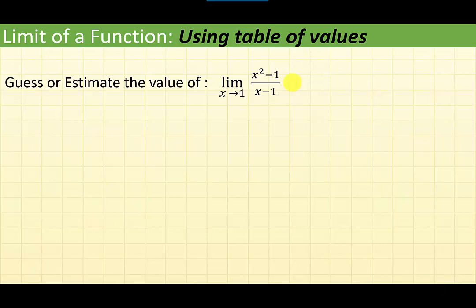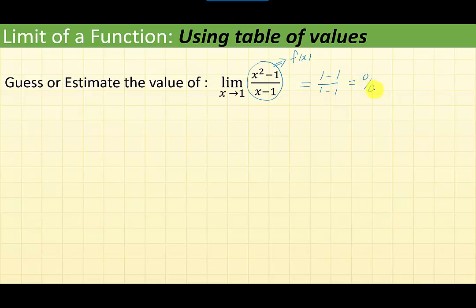Before we do that, let's just substitute x equals 1 in the function. When x equals 1, I get 1 squared, which is 1, minus 1, over 1 minus 1, which is equal to 0 divided by 0.